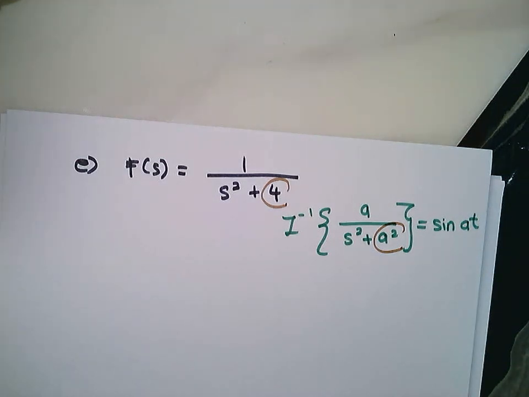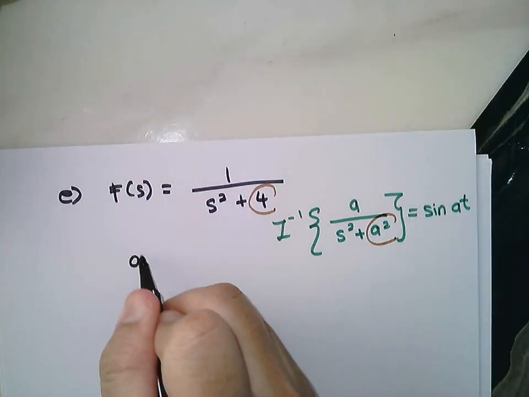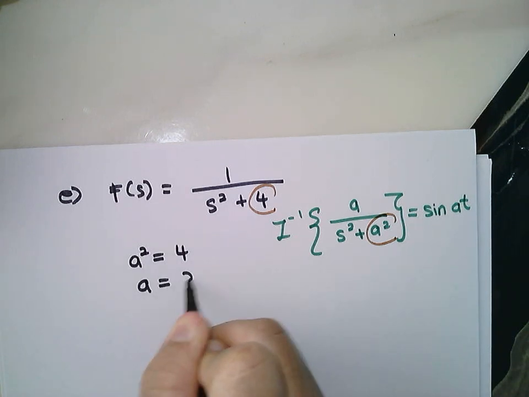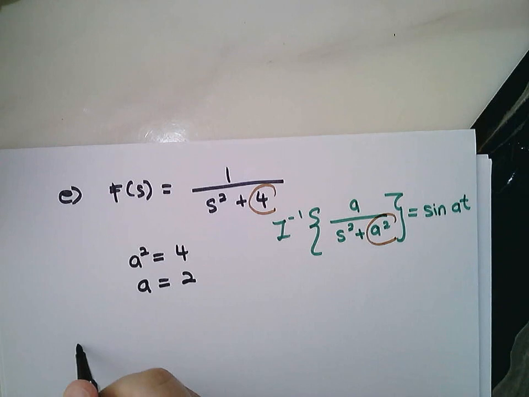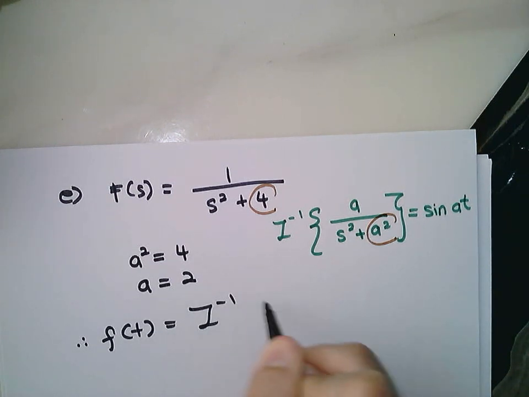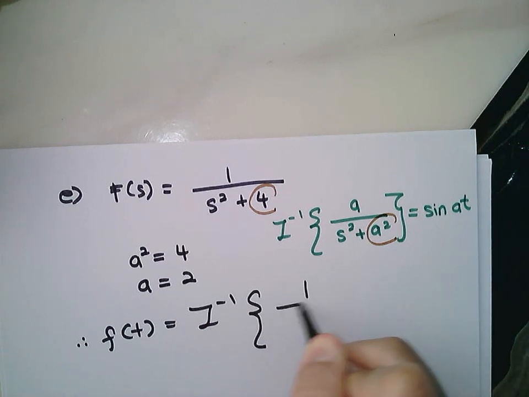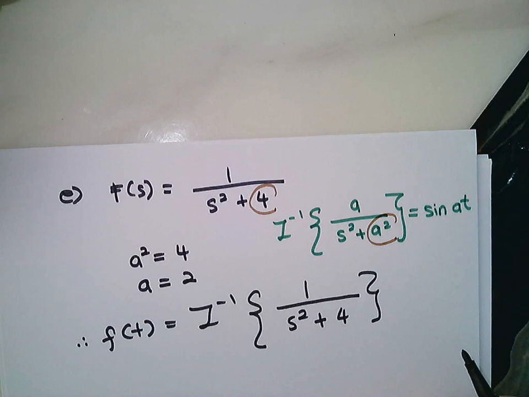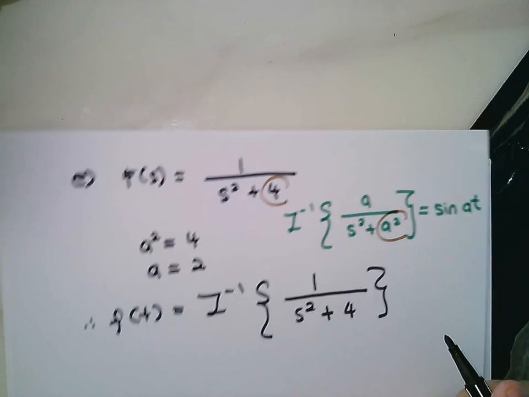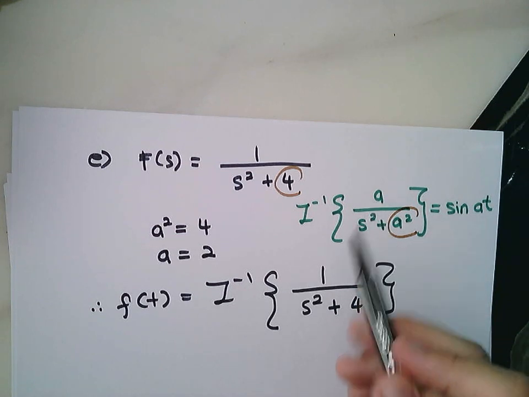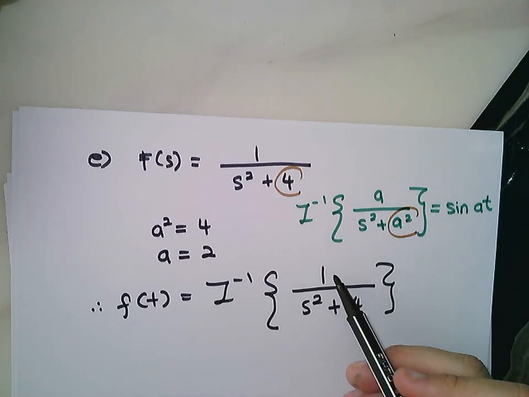So you know that a squared is equal to 4, so a is equal to 2. Therefore your f(t) is equal to Laplace inverse of 1 over s squared plus 4. Your a is equal to 2, so supposedly you should have 2 here.